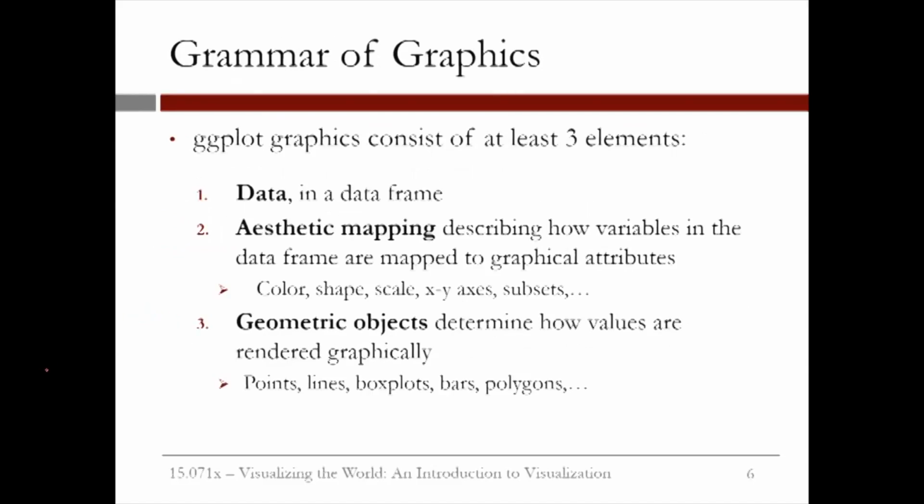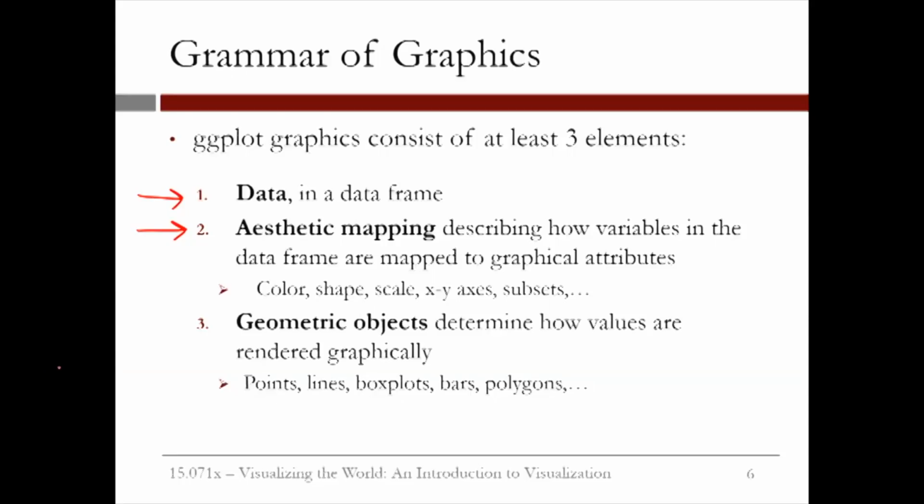So what is the grammar of graphics that ggplot is based on? All ggplot graphics consist of 3 elements. The first is data in a data frame. The second is an aesthetic mapping, which describes how variables in the data frame are mapped to graphical attributes.